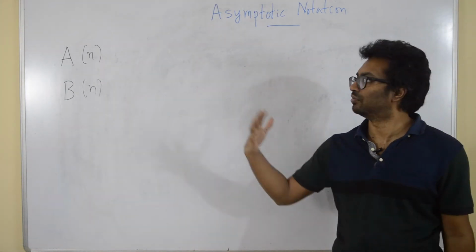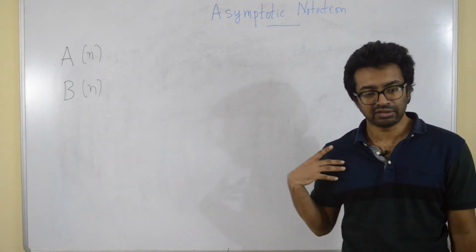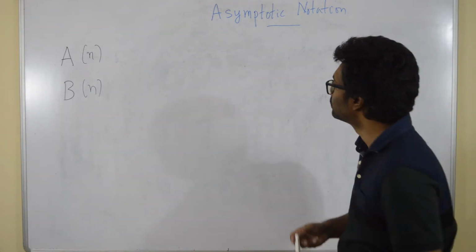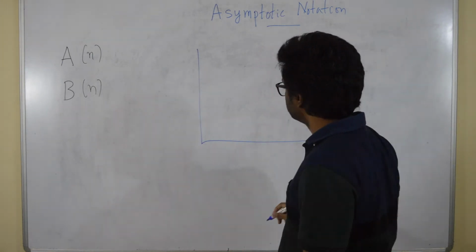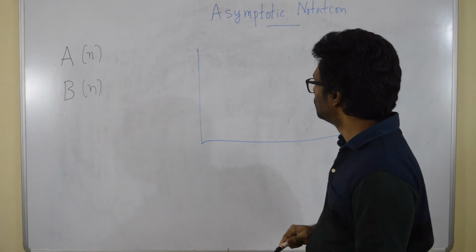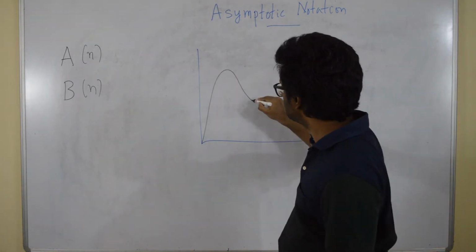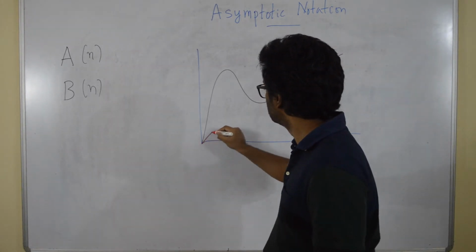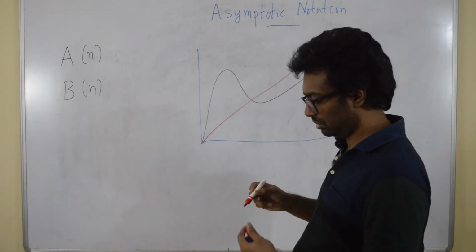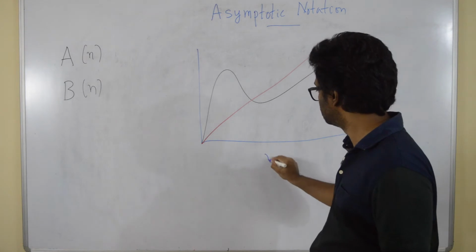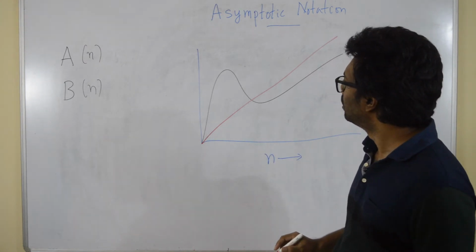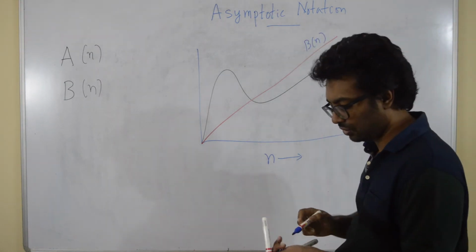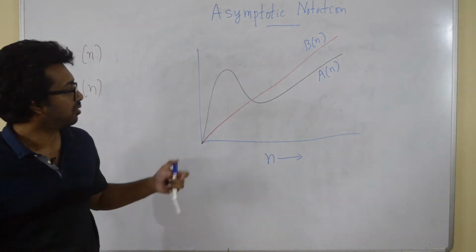I'm going to plot the graphs of A of n and B of n, and then you should tell me which is a better algorithm. Now, can you see the plot?